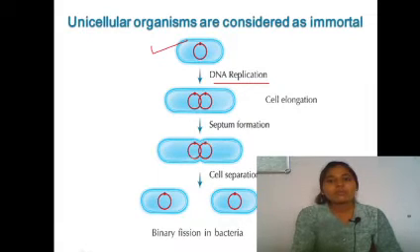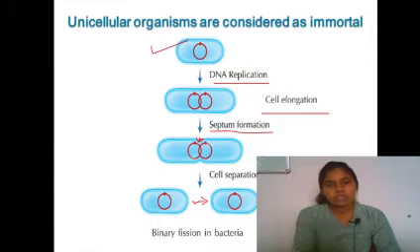Then the cell elongates, its size increases, and then you can see the formation of the septum. This is the first point to divide the cell. Septum formation occurs, and finally the complete septum formation leads to the formation of 2 cells, and then fission or division of the cell occurs, and that leads to the formation of 2 new cells.